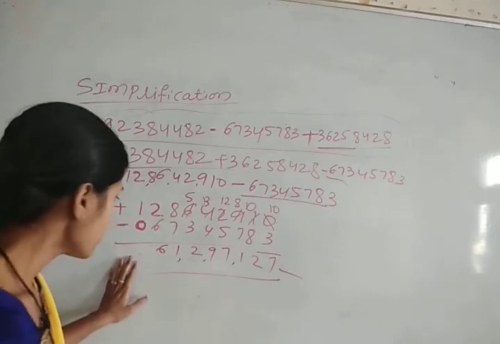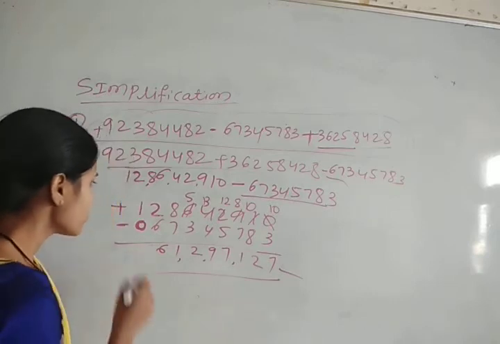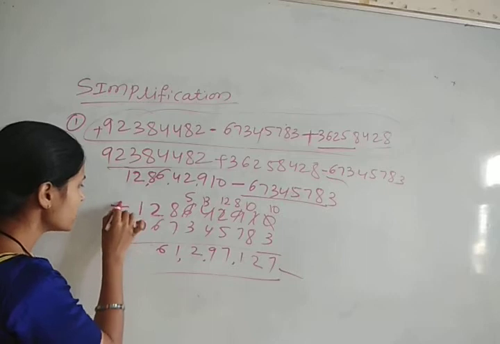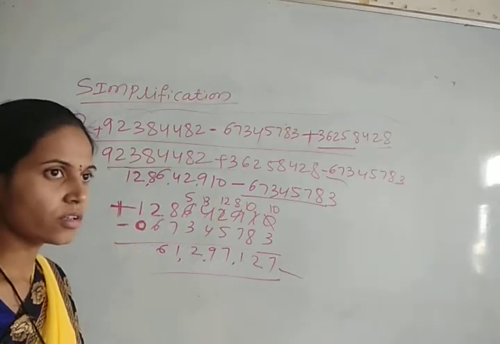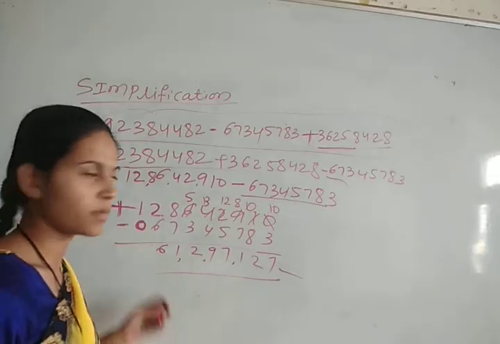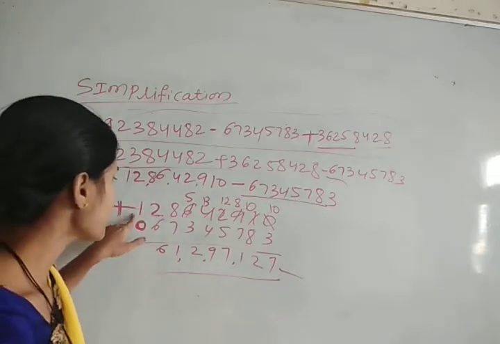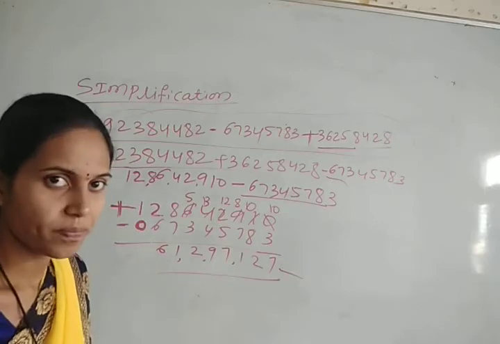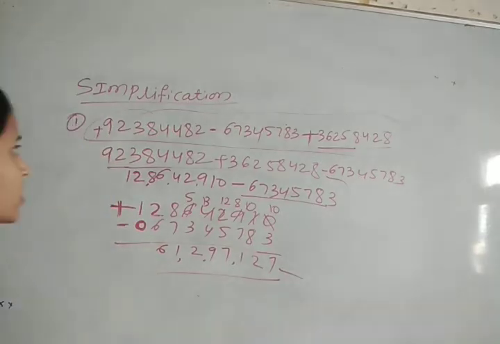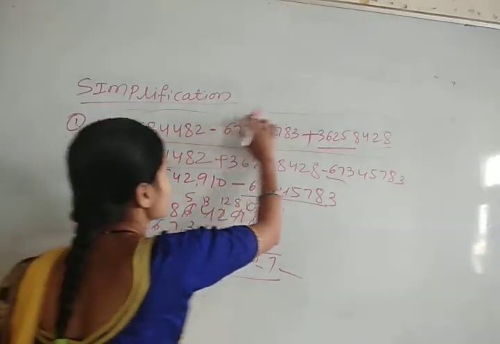Here plus is because the symbol of the greater number is plus only. So that's why in the result also we will have the symbol of the greater number. Here the symbol of the greater number is plus. So here also the symbol of the result is plus only.